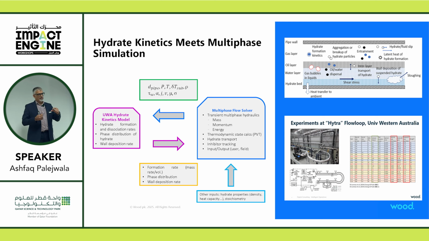That layer then affects heat transfer. So the formation of hydrates will affect formation in the next time step. The simulation does mass, momentum, and energy transfer calculations, thermodynamic calculations, and rewrites those answers back into the hydrates kinetic model.